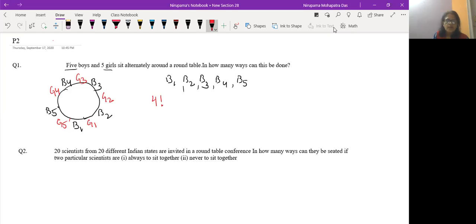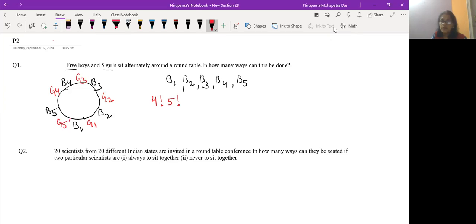Now the girls are seated in the gaps, between B1 and B2 is G1, between B2 and B3 is G2. There are 5 girls and 5 places, so they can sit in factorial 5 ways.